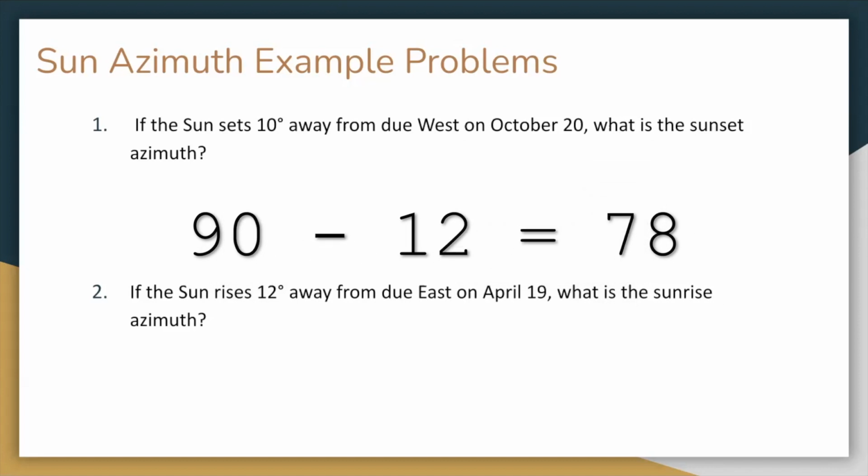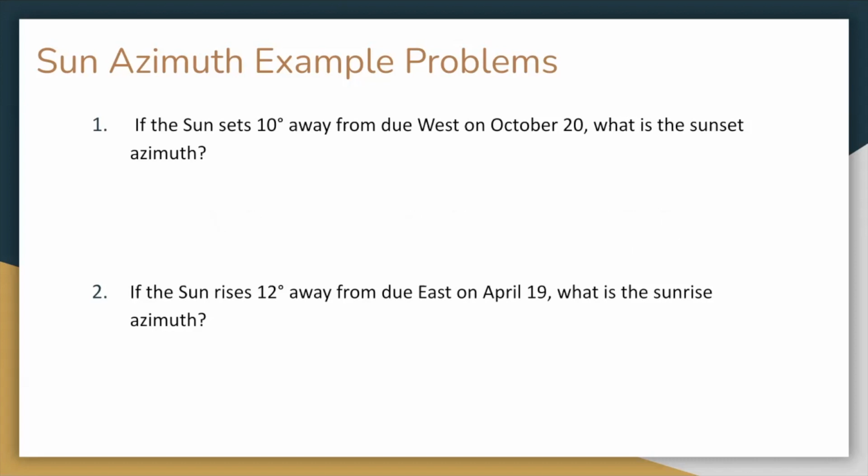So 90 minus our 12 degrees gives us a sunrise azimuth of 78 degrees. Questions on how I use the diagram to figure these out?